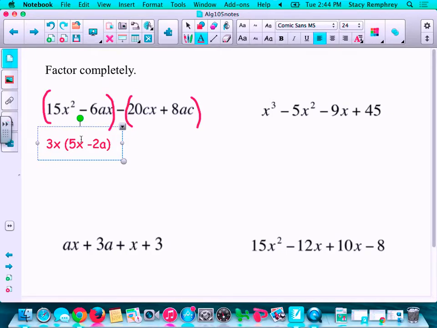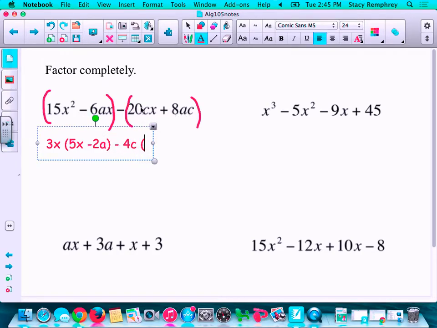So again, if I distribute that 3x back through here, 3x times 5x gives me 15x squared. 3x times negative 2a gives me negative 6ax. Now I'm going to bring down a minus. Greatest common factor of 20cx and 8ac is 4c.